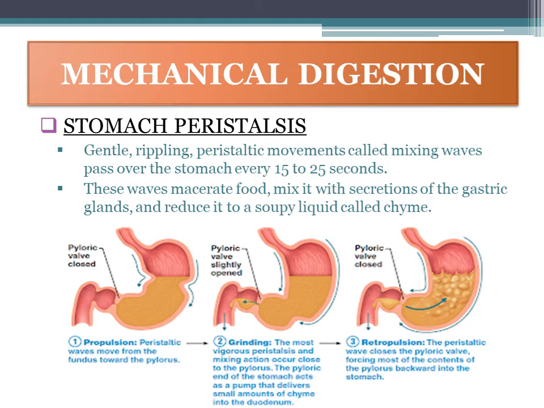The pyloric end of the stomach acts as a pump that delivers a small amount of chyme into the duodenum. The last step is retropulsion. The peristaltic wave closes the pyloric valve, forcing most of the contents of the pylorus backward into the stomach.